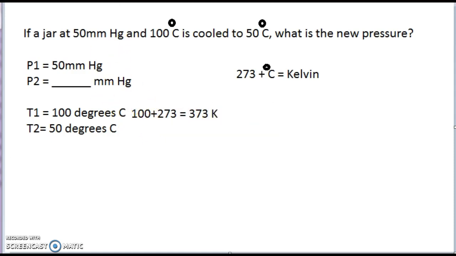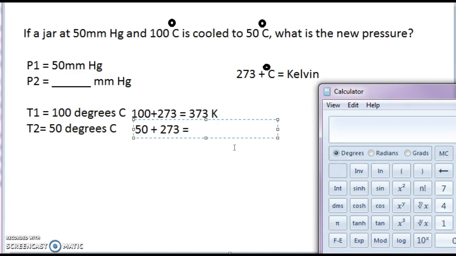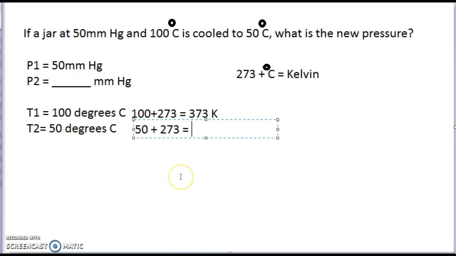And what about now for our 50 degrees temperature? 50 plus 273 equals 323 Kelvin. So make sure you do those, and those are the values that we're going to use. I'm going to underline them just to make sure we remember.